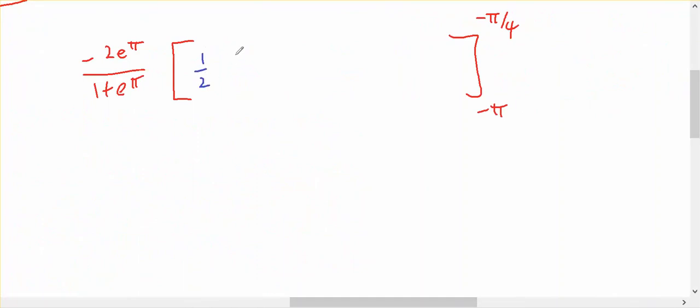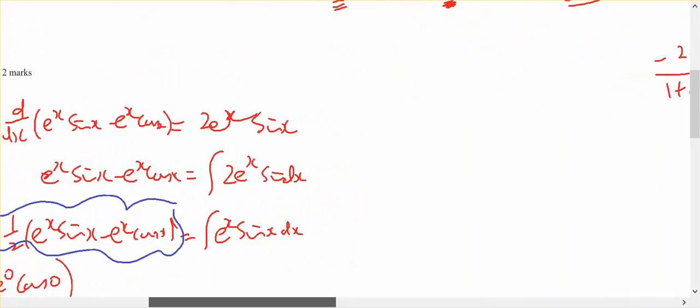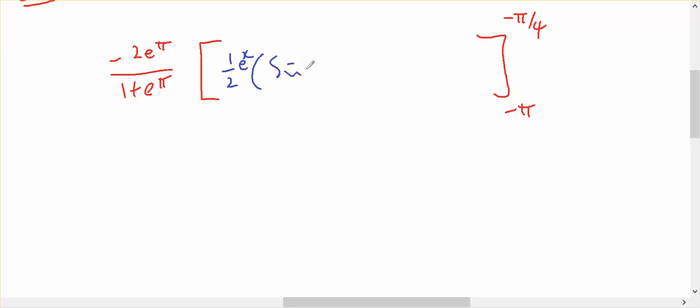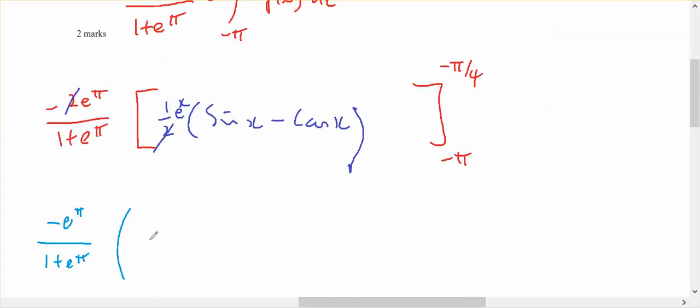A half e to the x sine minus cos, sine of x minus cos of x. So times, I've got e to the minus pi on 4 times the sine of minus pi on 4 minus e to the minus pi on 4 cos of minus pi on 4.